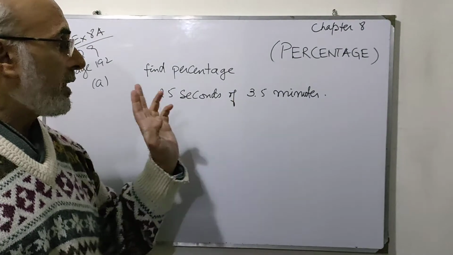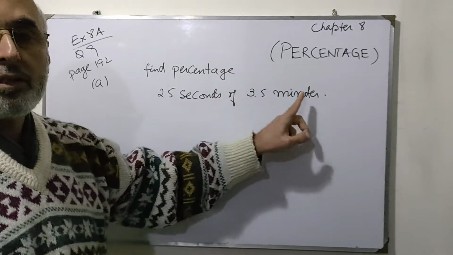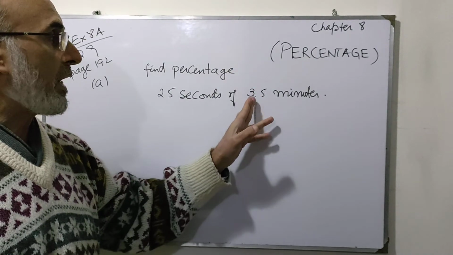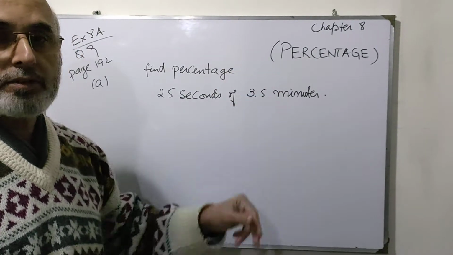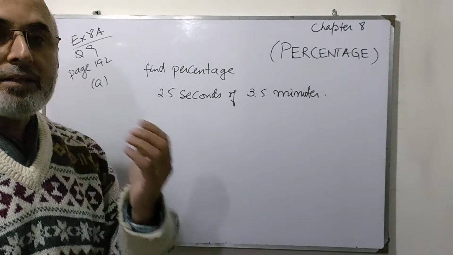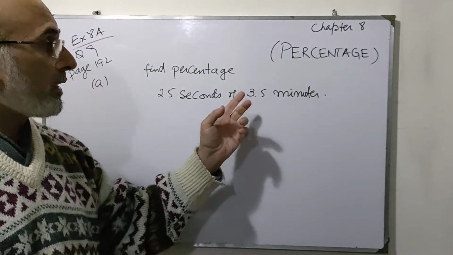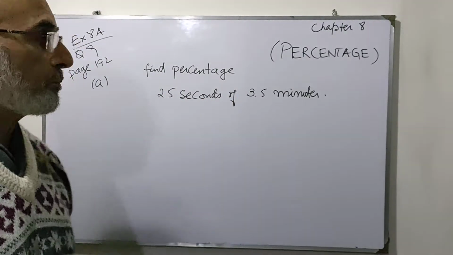So first thing is that the units are not the same. This is in seconds, this is in minutes. So first we have to convert these minutes to seconds. Once we have seconds, then we will see what 25 seconds is of this value.